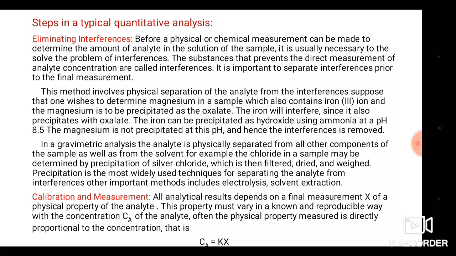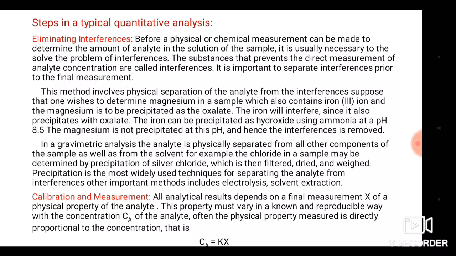But if you carry out the precipitation with hydroxide using ammonia at a pH of 8.5, then only the iron is precipitated, and the magnesium is not precipitated at this pH, and hence the interference is removed.